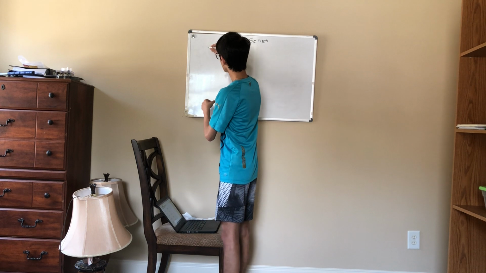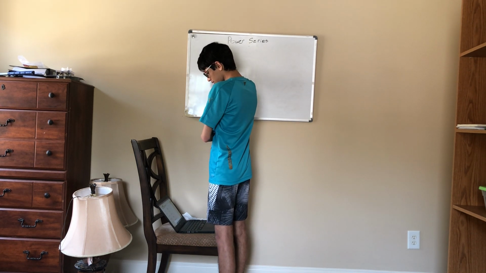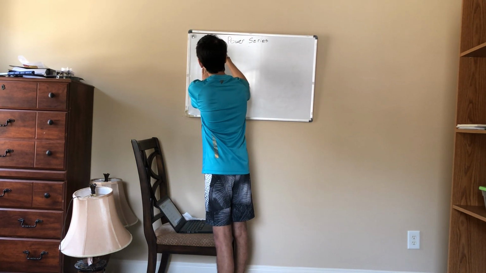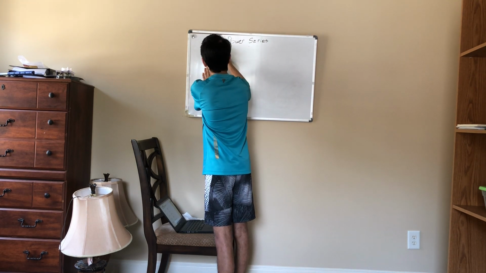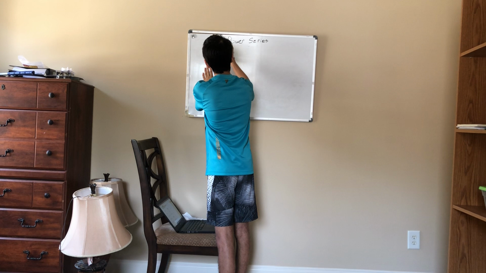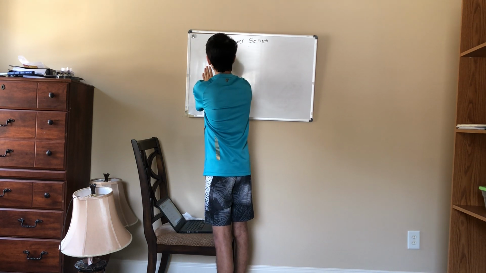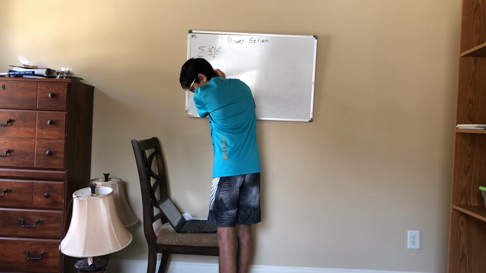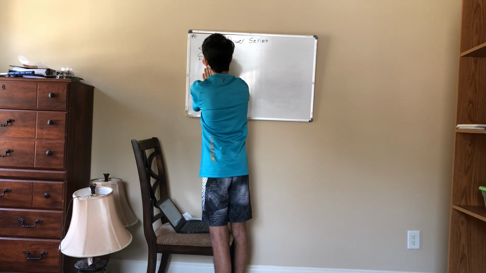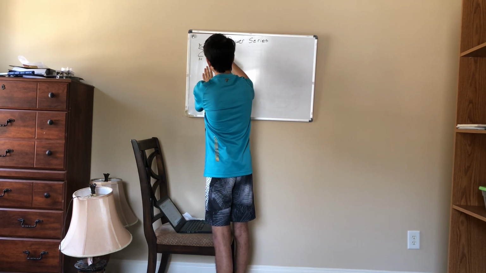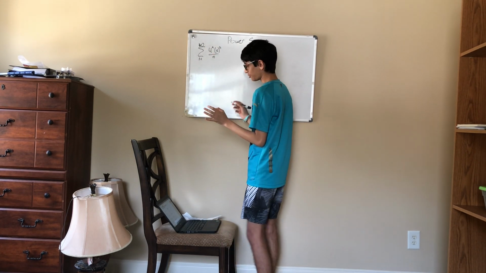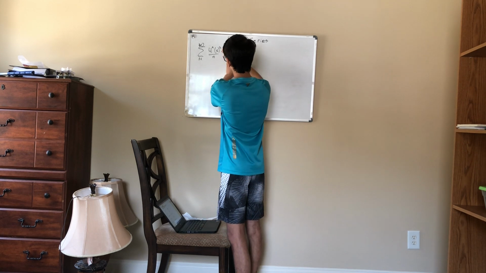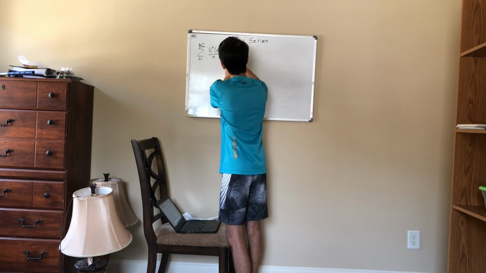Here, let's do the sum from n equals 1 to infinity of 4 to the n times x to the n over n. Okay, you know what, that's an infinity. We can all tell.